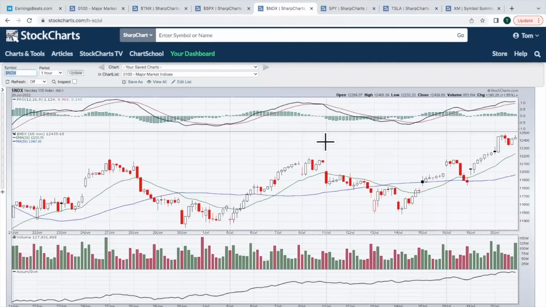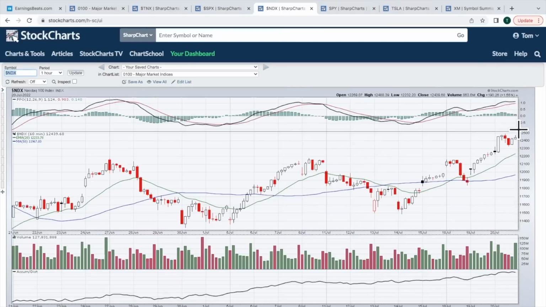Here's the NASDAQ. Now, this is the 1 month, 1 hour chart. I just wanted to show you this top right here, just under 12,200. We went through it, and volume expanded on that move going through it. Very positive action as we move up. It looks like the hourly PPO is turning up here.